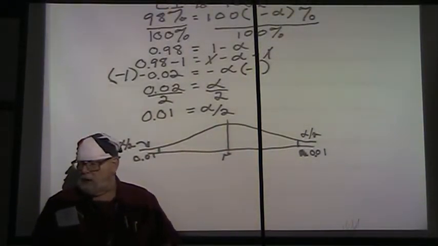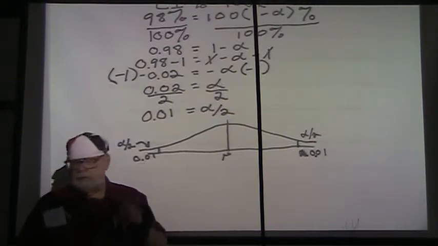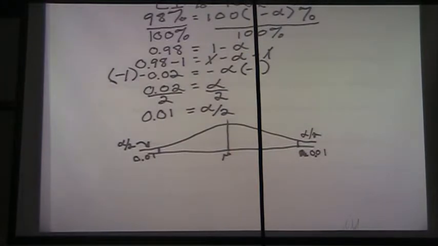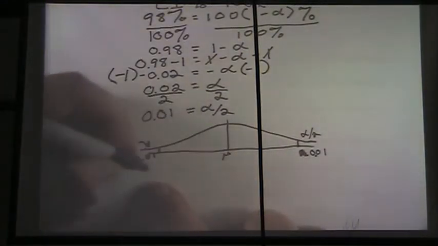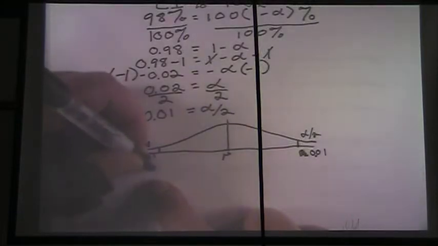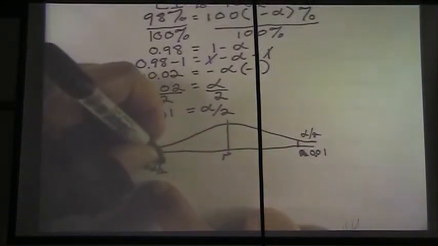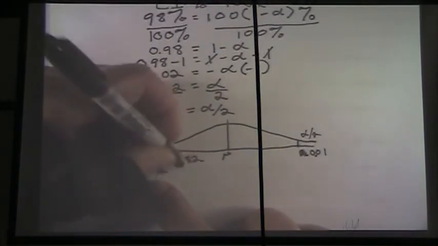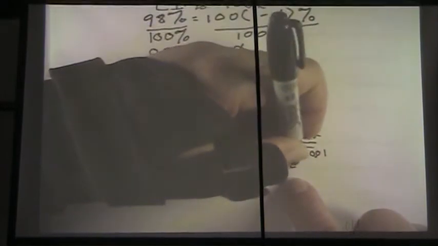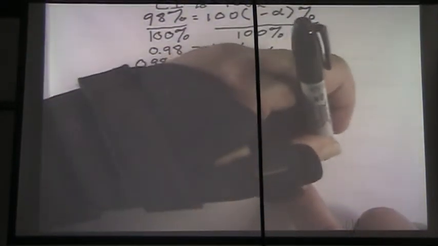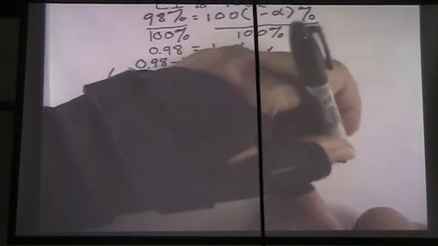All right, so we know as a consequence that our negative z alpha divided by 2 equals negative 2.32, and our positive z alpha divided by 2 equals 2.32.